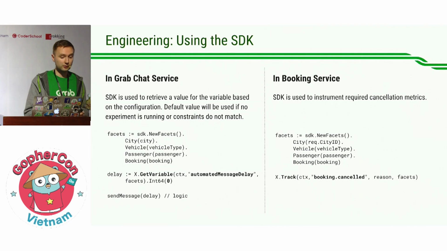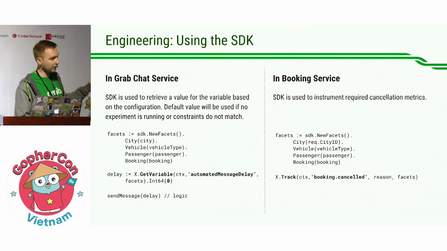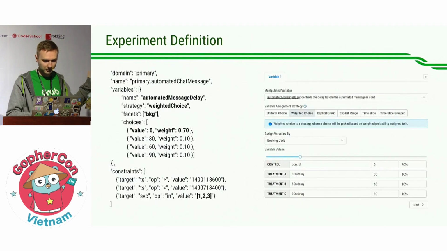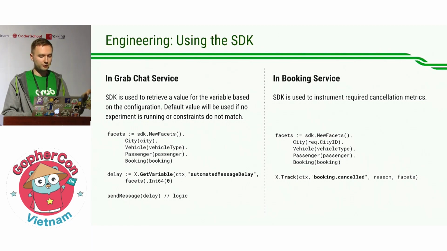So in this case, in the GrabChat service, you have get variable called, like give me the value of this variable. And if you remember, it's the same name. Not only this, you also give some context: which city is this call for, which vehicle type, what passenger ID, what booking code.